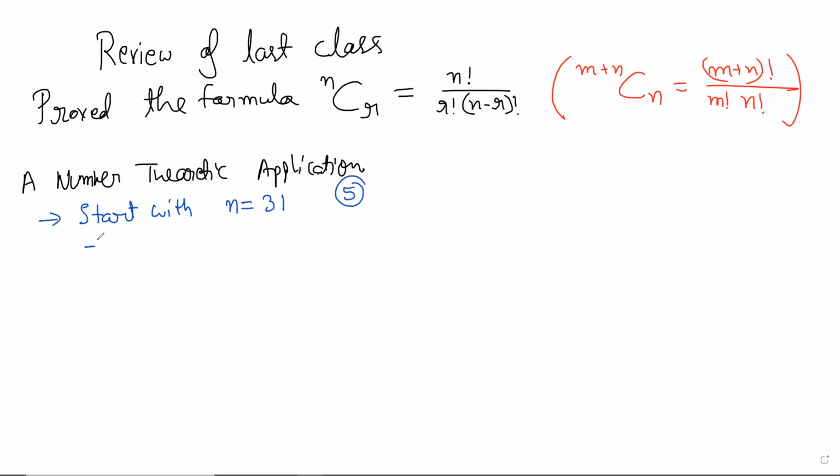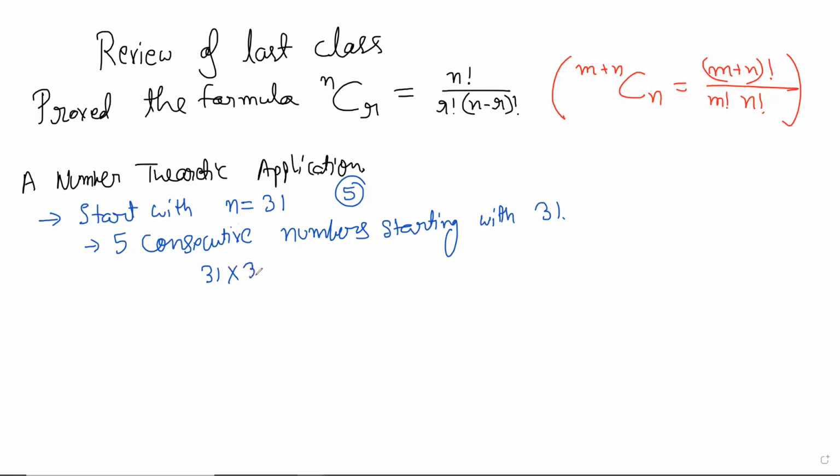So 5 consecutive numbers starting with 31. So what will they be? 31, and then I'll multiply them. 32, 33, 34, and 35.